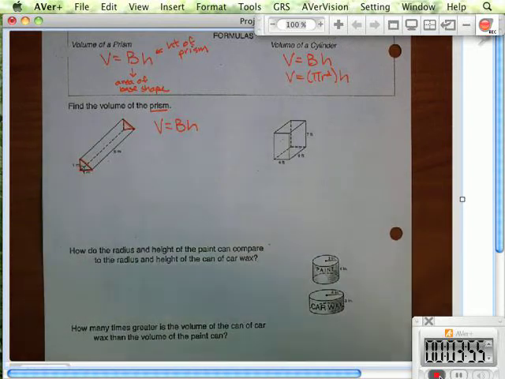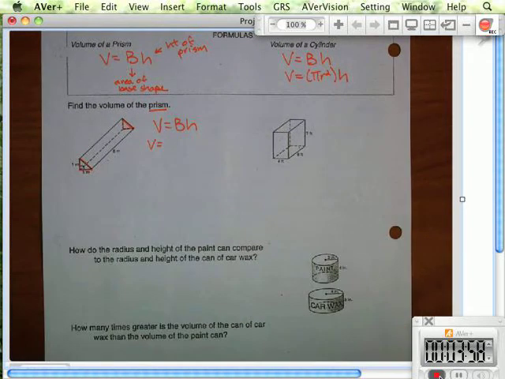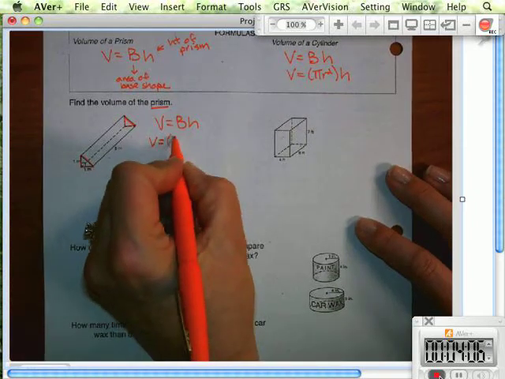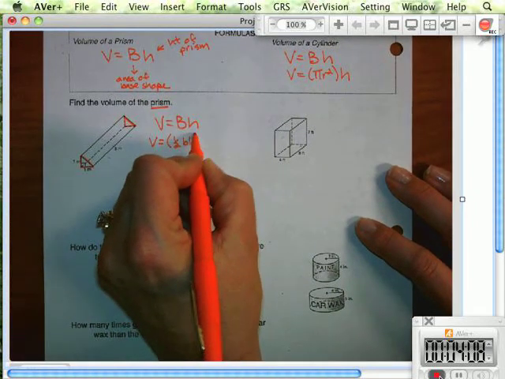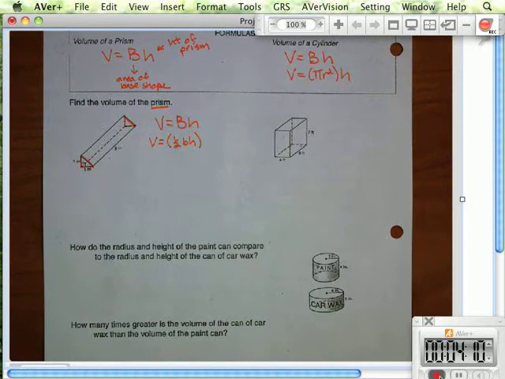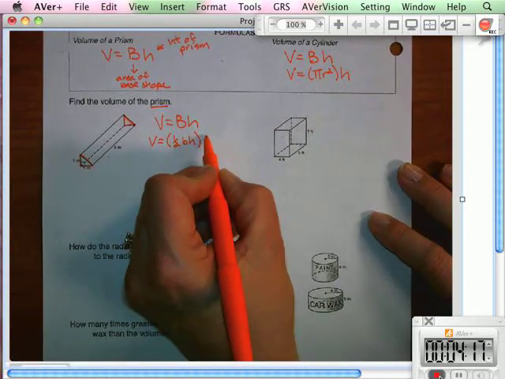Therefore, the capital B stands for area of a triangle. What's the formula for area of a triangle? If you don't know, it's on your green sheet. It's A equals 1/2 base times height. That's how you find the area of a triangle. So write that down in place of the capital B. And then the H still stands for the height of the prism.